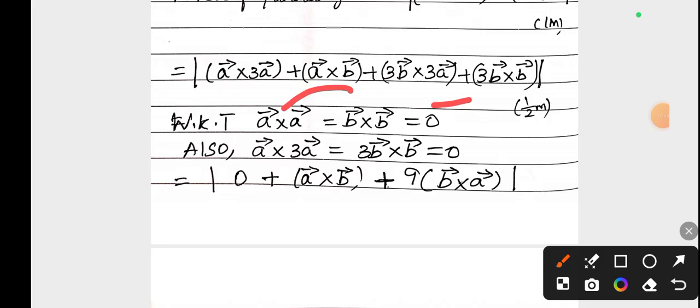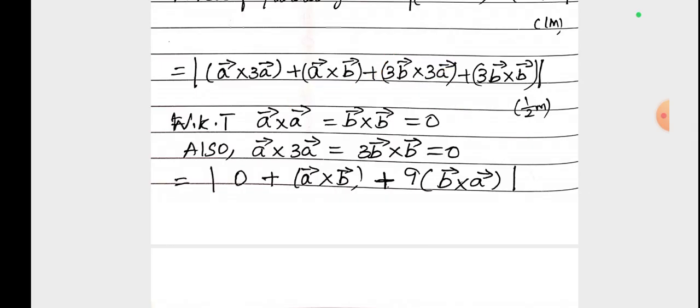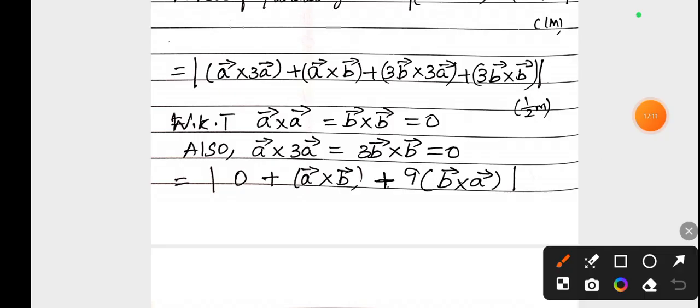So a vector cross 3a vector and 3b vector cross b vector, both become 0. A cross 3a will become 0 because 3 is a constant, so even if you multiply it with that, it's still 0. 3b cross b is also 0.